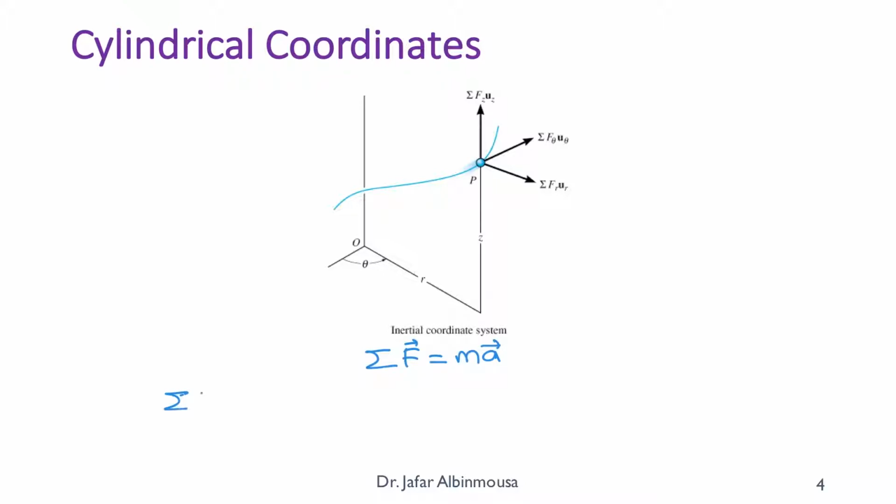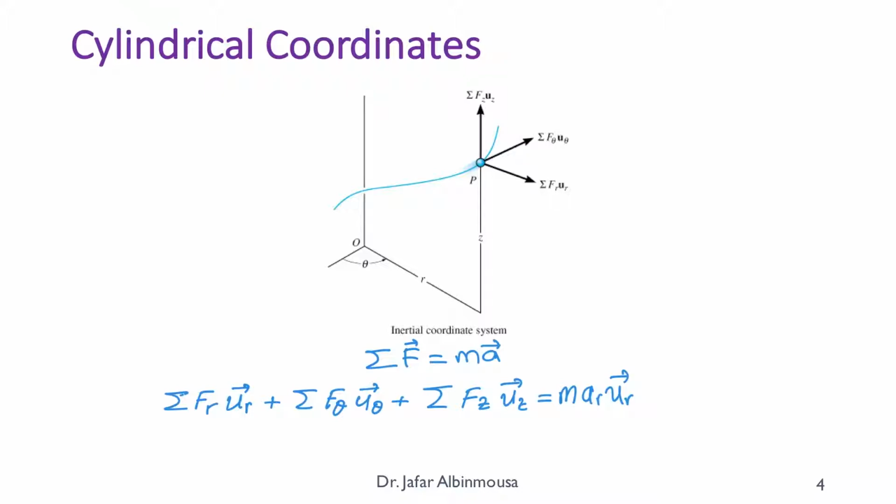We have the sum of the radial forces, in the unit vector UR, plus the sum of the forces that act in the transverse direction, plus the sum of the forces along the z direction, that's the unit vector UZ, which is equal to M AR UR.